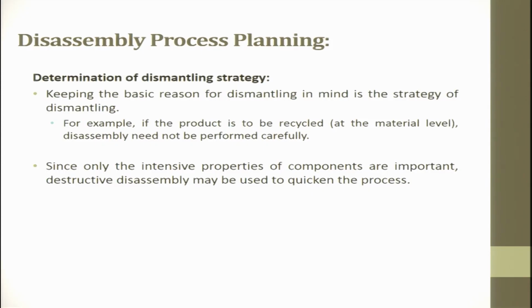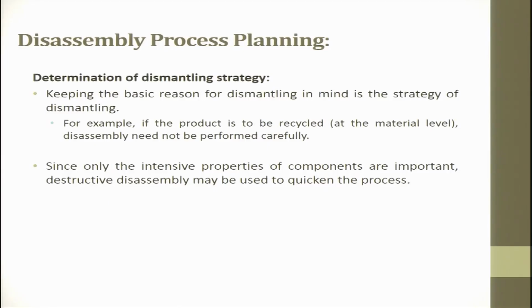If I have decided that I am going to recycle it completely at the material level, so I am going to melt it and make a fresh billet or a bar, whatever it is, then I do not have to spend a lot of time in dismantling the shaft and the gear.